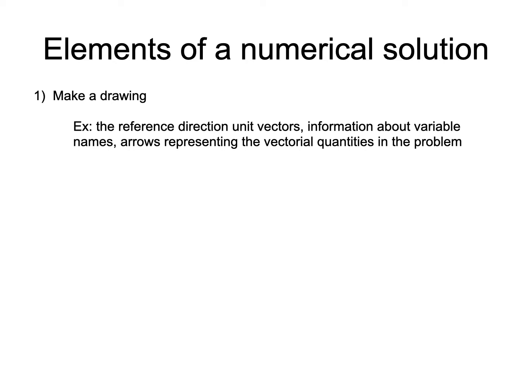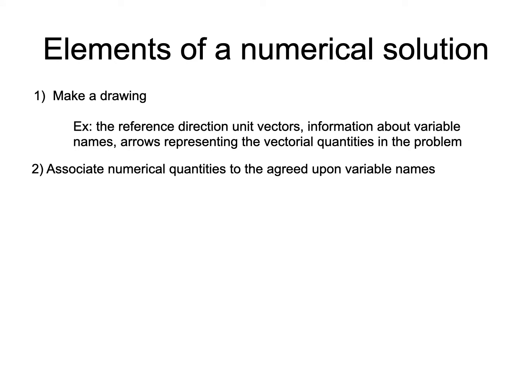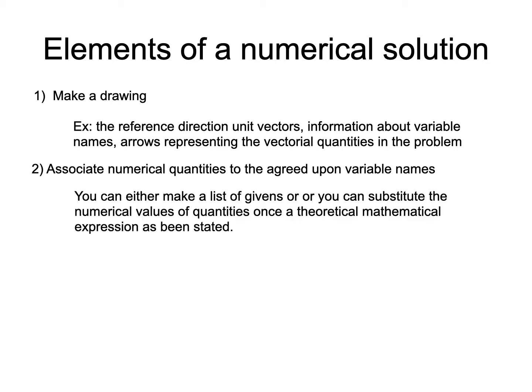The second element is the association of variable names to the numerical quantities in the problem. In the lectures, a particular letter will be assigned to each physical quantity. This association can be shown in a list of givens, or it can be done when substituting the numerical values once a theoretical mathematical equation has been presented.